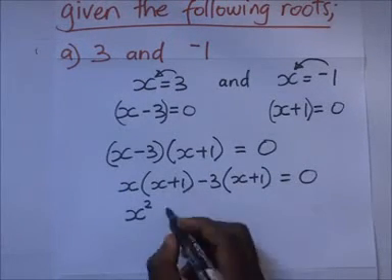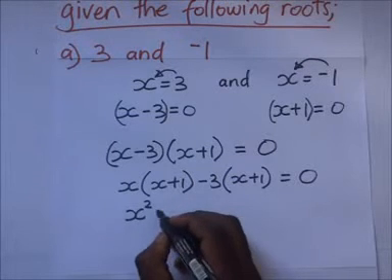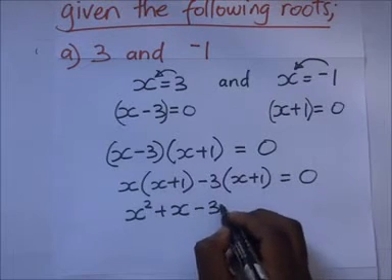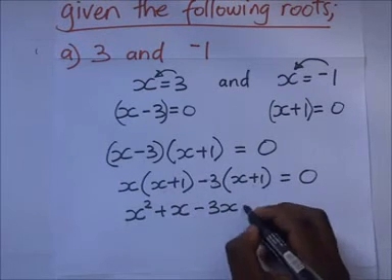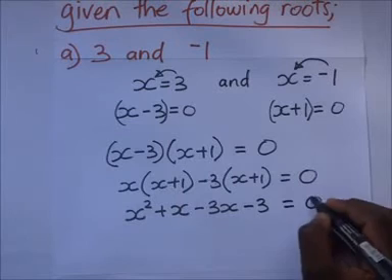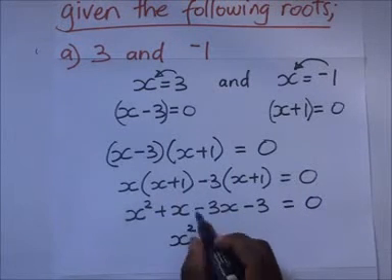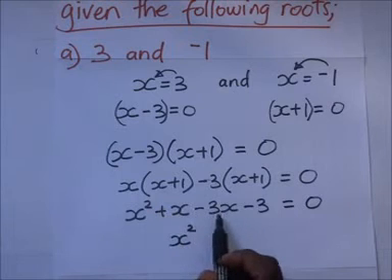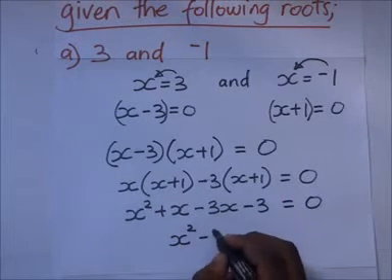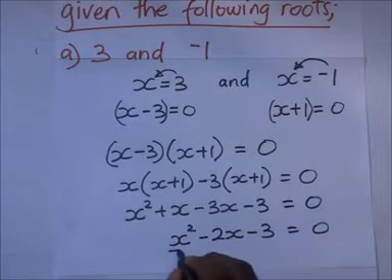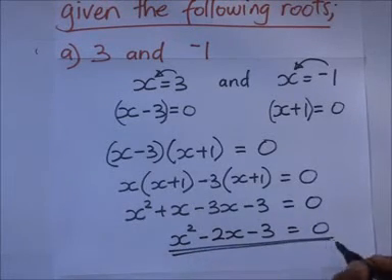Then we have x times 1, which is plus x. Then you have -3 times x, which is minus 3x. Then you have -3 times 1, which is minus 3, giving us 0. So we shall end up with the quadratic equation, which is going to become x squared, plus x minus 3x is going to give us minus 2x, then minus 3 is equal to 0. Now that is the quadratic equation. We have worked backwards.